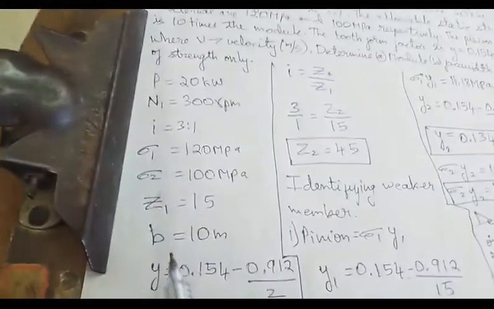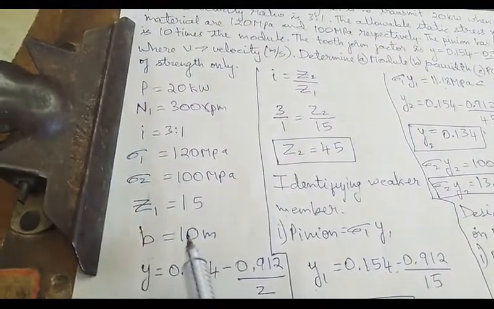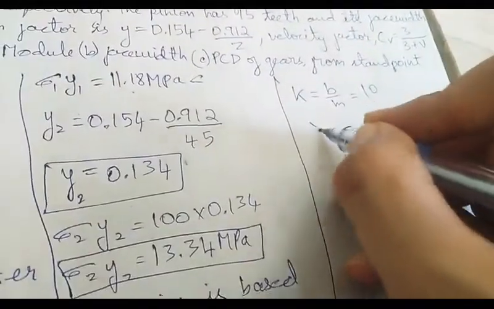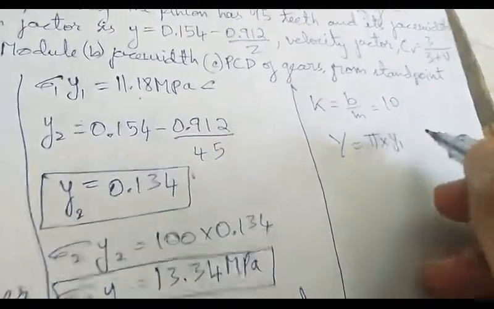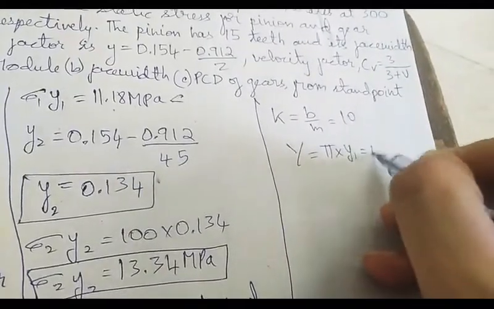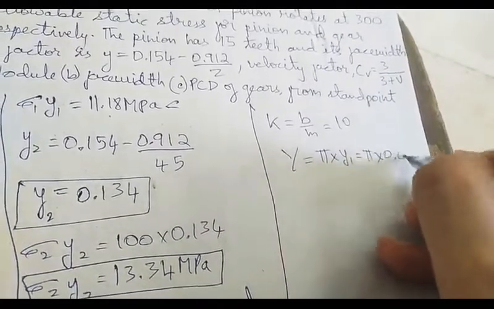In the question they have given the ratio b by m as 10. So the value of b by m is 10, and Y is equal to pi into y1, because design is based on pinion. The value of y1 is 0.093.